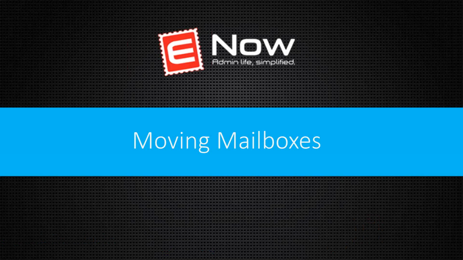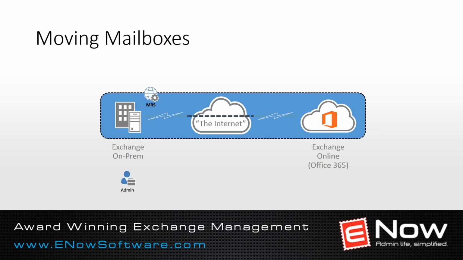So let's move on to moving mailboxes. It's also a very interesting part, and I'd like to start off by explaining how mailbox moves work, just to avoid some misunderstandings. When you create a mailbox, or move a mailbox from your on-premises environment to Office 365, you log in to your Exchange tools and issue the remote move.